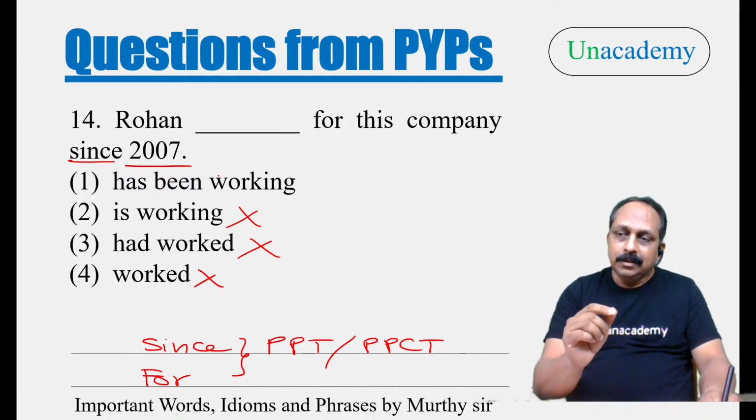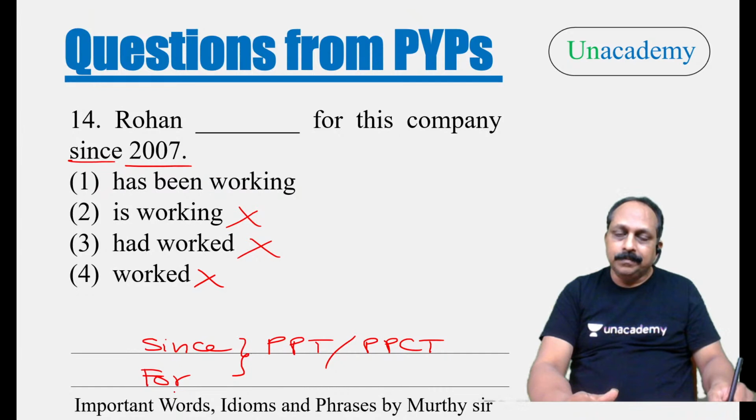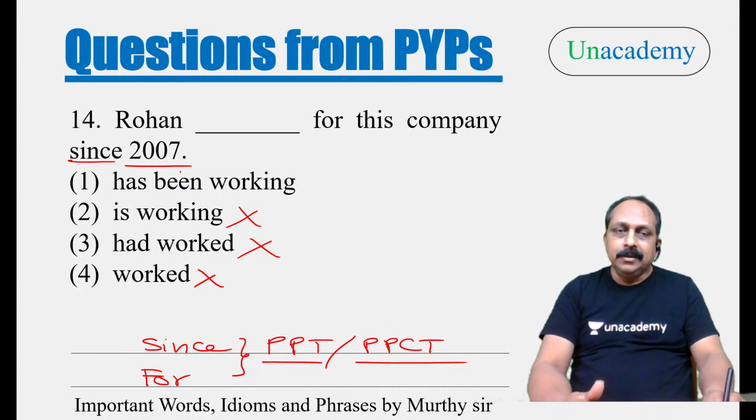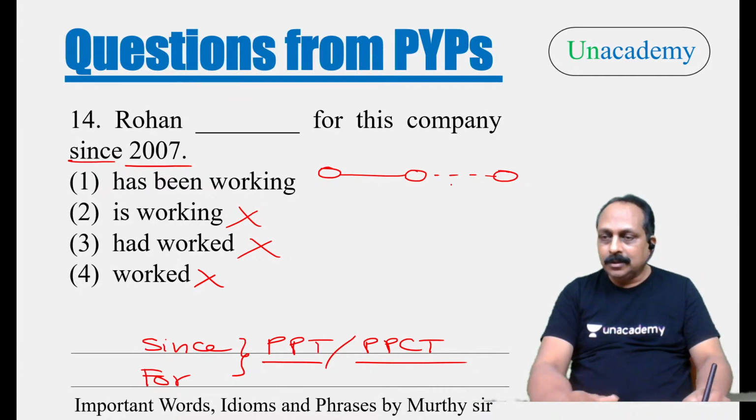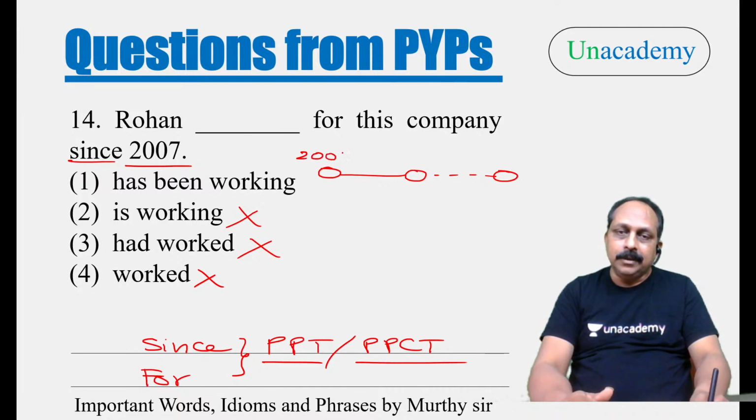Whenever you see since or for used as prepositions, think of one of the two. But here the context talks about present perfect continuous. What does it mean? Some action started in the past, it is in the present, it may go into the future. Future uncertain, so dots. That means in 2007 that person joined the company. Now he is with the company, present. He will continue working.